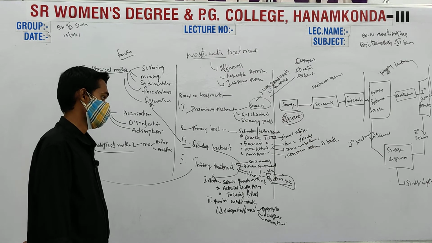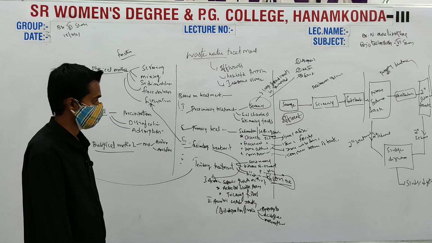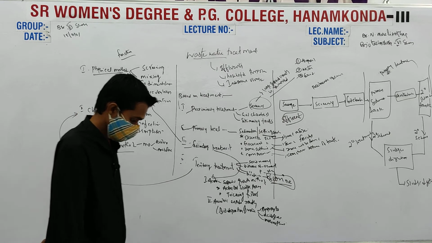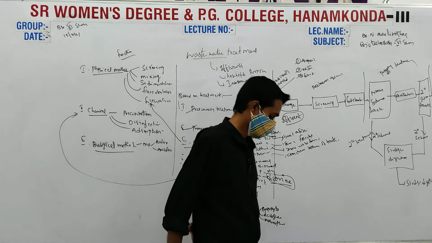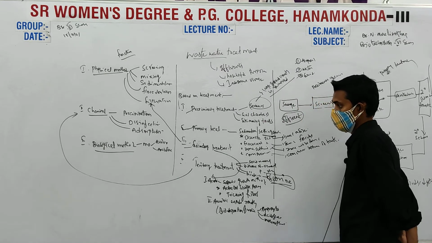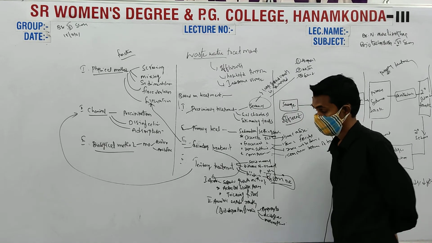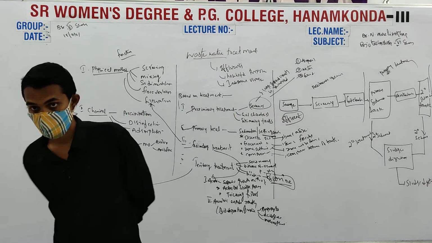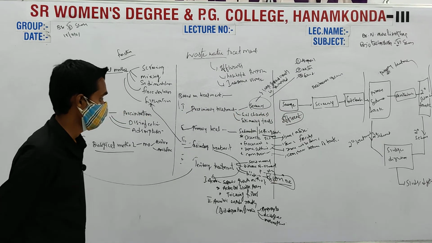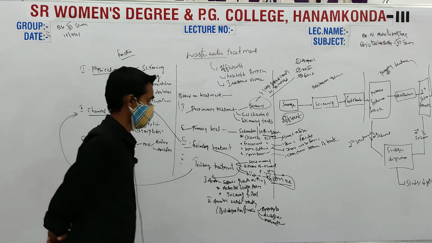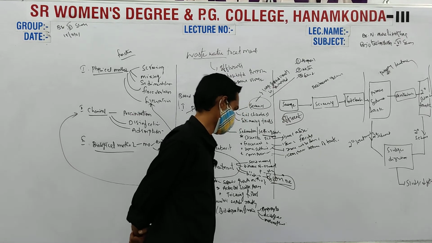This sedimentation can be of different types based upon the size of the particles. One is discrete sedimentation, next is flocculent sedimentation, next is zone settling, and next is compression. So this is primary treatment.